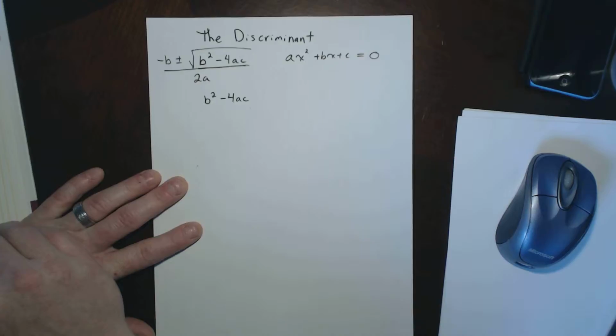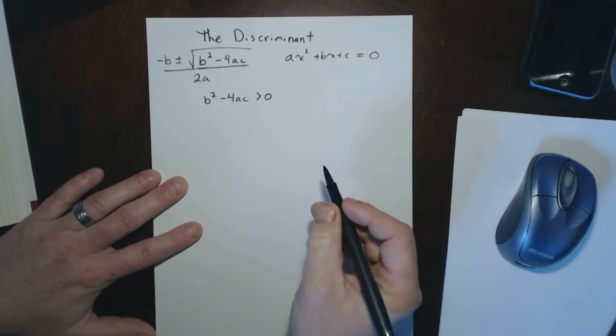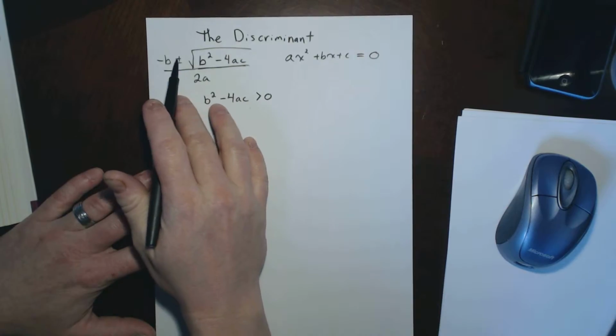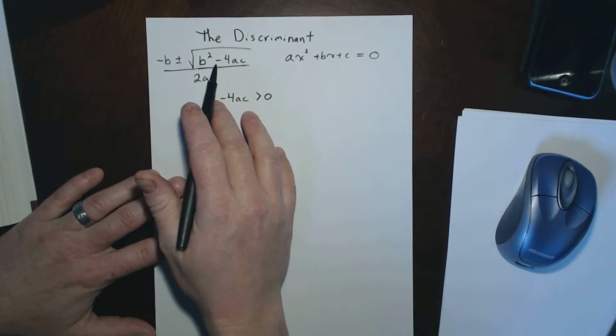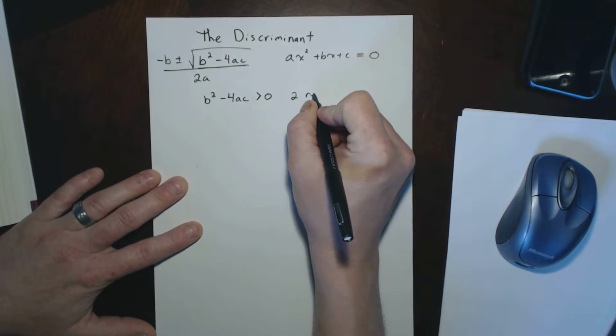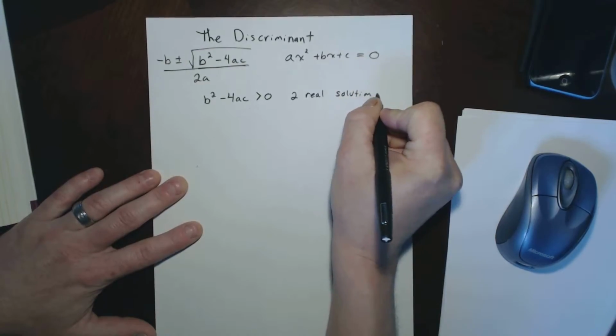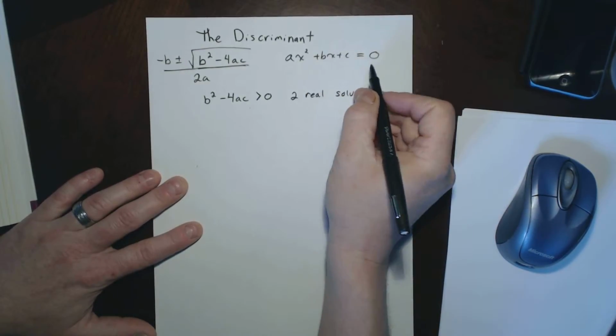What the discriminant tells us is that if the discriminant is greater than 0, that means in our quadratic formula we're adding and subtracting an actual value. This means that you're going to have two real number solutions to your quadratic equation.